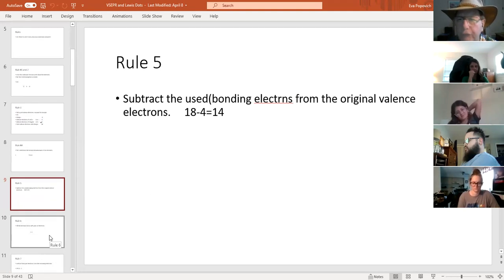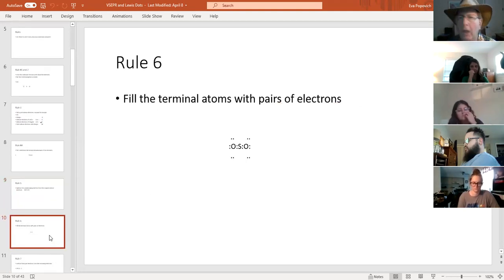My next rule says I put all of the extra electrons around the terminal atoms. Oxygen has 2, it can accommodate 6 more. So I put them around the terminal oxygens in pairs. First lone pair, second lone pair, third lone pair, 4th, 5th, 6th lone pair. I've just used up 12 electrons.